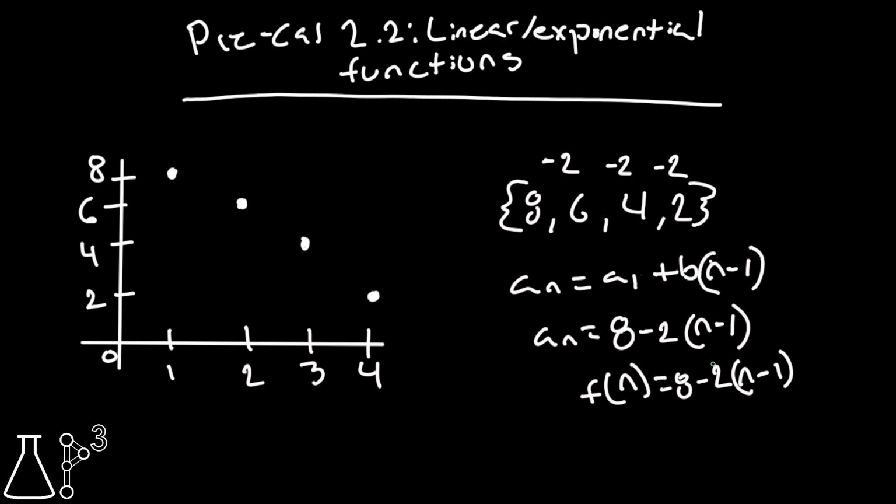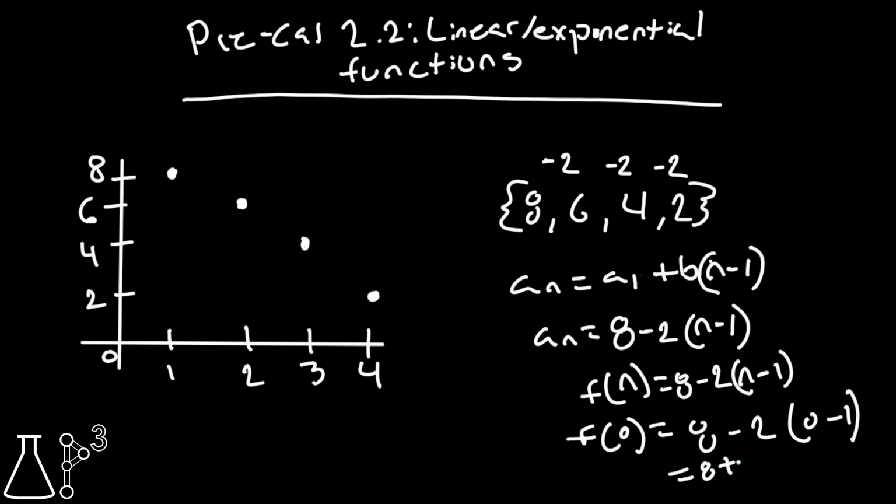But now that we have it almost in terms of a function, we can solve for f of 0 here. So f of 0 is going to be equal to 8 minus 2 times 0 minus 1, right? So this is going to be -2 times 0 minus 1, which is just -1, right? So -2 times -1 is going to be +2.